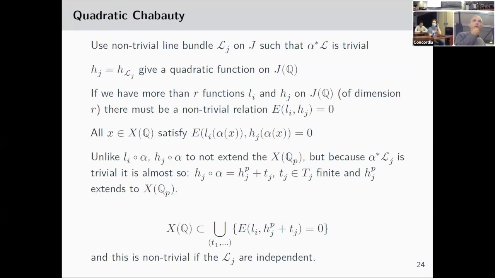Now, I just want to quantify what it means that it's computable. We can write down what these HPJs are in terms of Coleman integration theory. So it's an integral, and then it's mostly just an issue of being able to compute this integral.